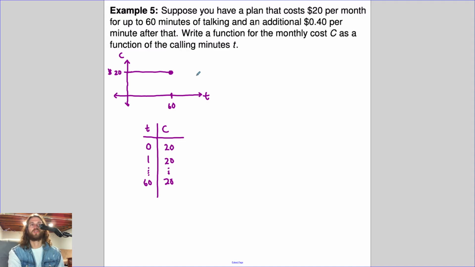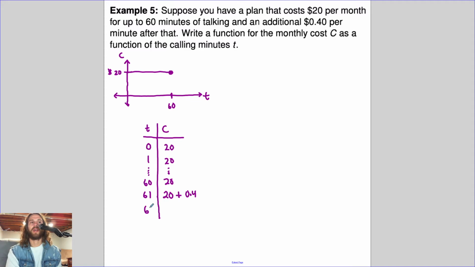And this is where it gets interesting. How much does it cost at 61 minutes? It's going to cost $20 plus 0.4, because it says 60 minutes and an additional 40 cents per minute after that. We talked an additional minute.